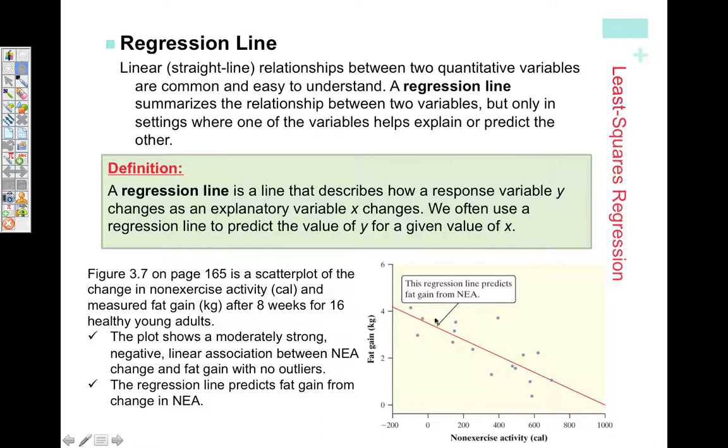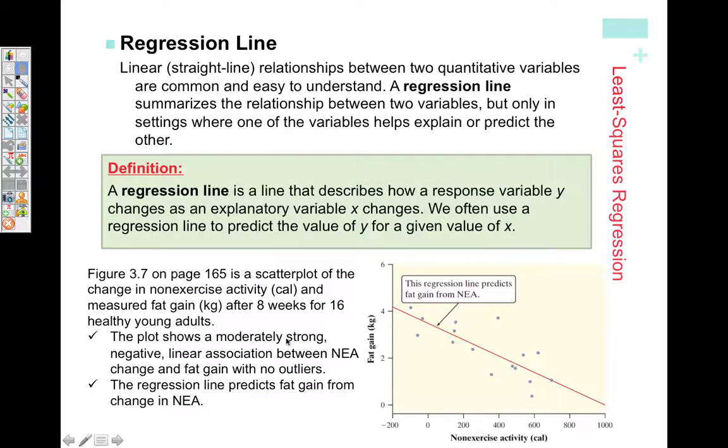So each point represents a person, and this non-exercise activity we're hoping explains the fat gain. We're hoping that it predicts the amount of fat gain. And we can see that it has negative correlation. It's fairly strong. And we have a regression line in red drawn in there.